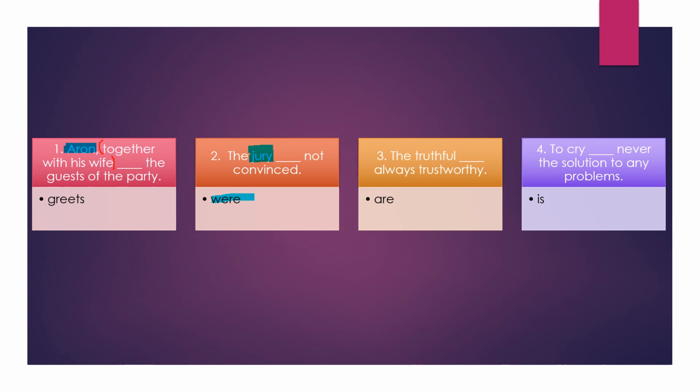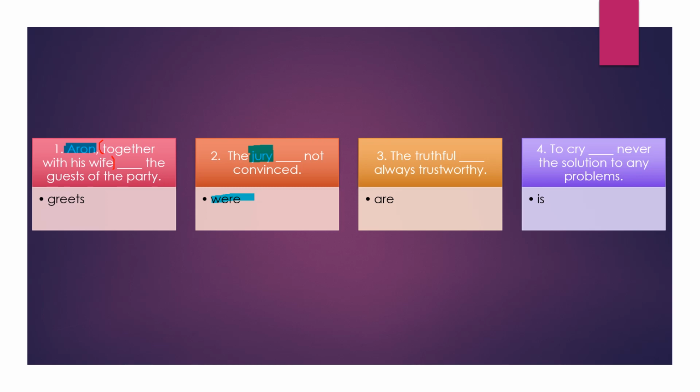The truthful dash always trustworthy. Now, the other way that we can write the sentence is truthful people dash always trustworthy. If we decide to remove this people, in that case, we will have to use the article the. So the truthful would mean that we are talking about people. This truthful is an adjective.